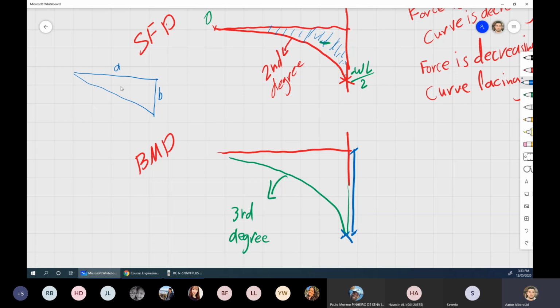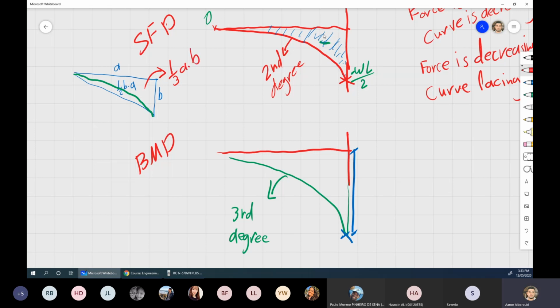The area of this equals half B by A, right? Now, if I have the same thing, very simple, but a 2nd degree curve rather than a triangle, the area here will be a third A times B.